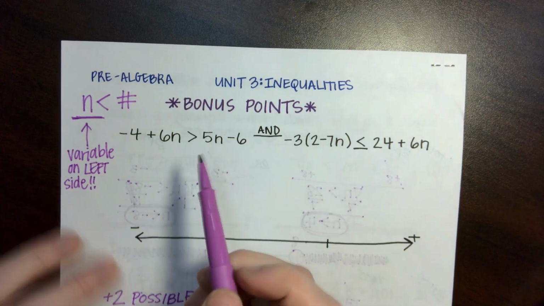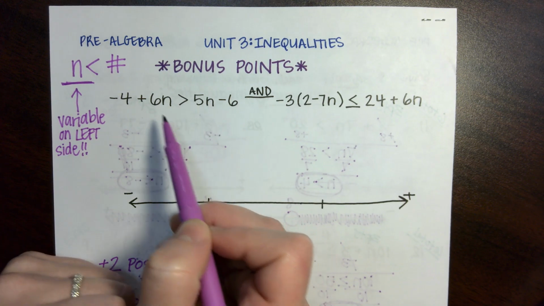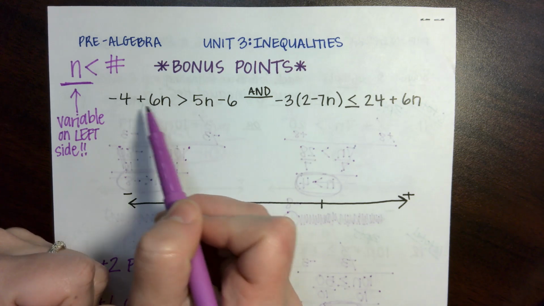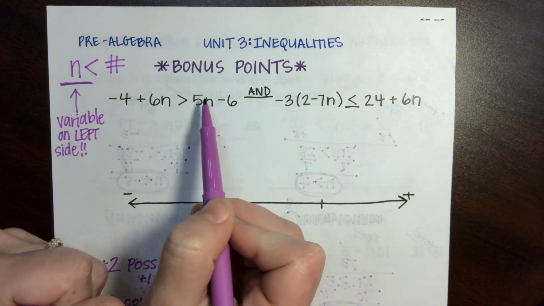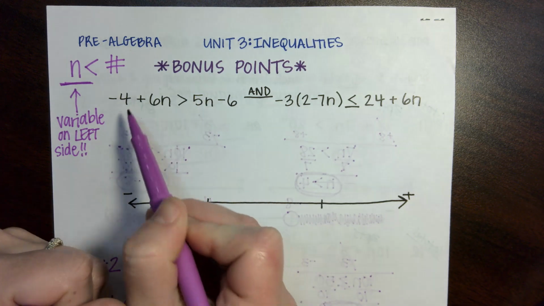So that means whenever we are solving and we are trying to get our n's together, do not do minus 6n right here. Do not do minus 6n and bring it to the right side. Bring your 5n to the left side.